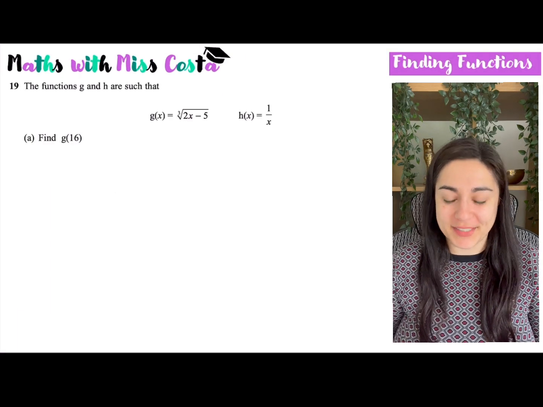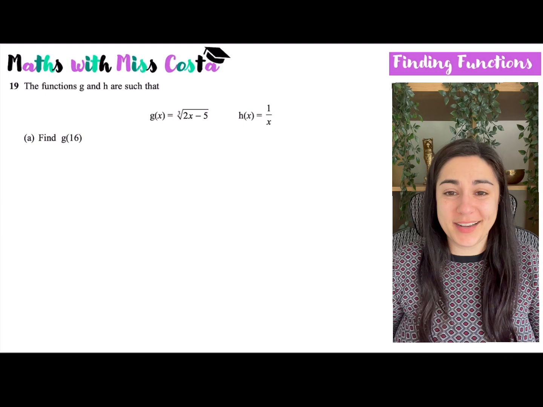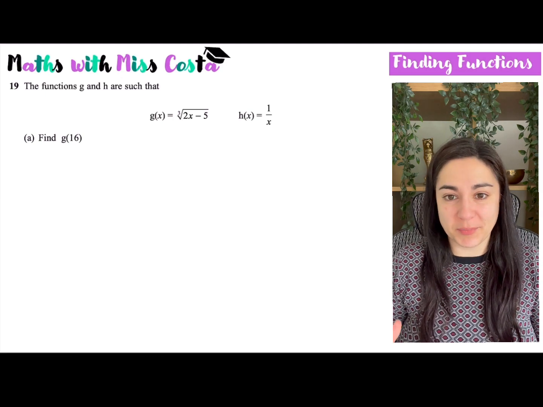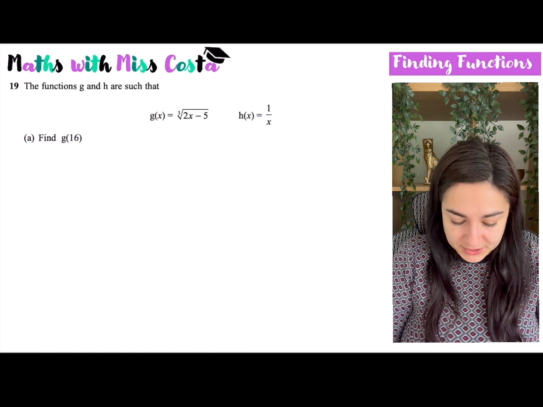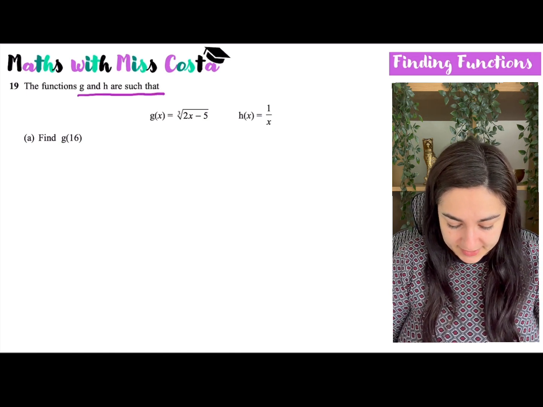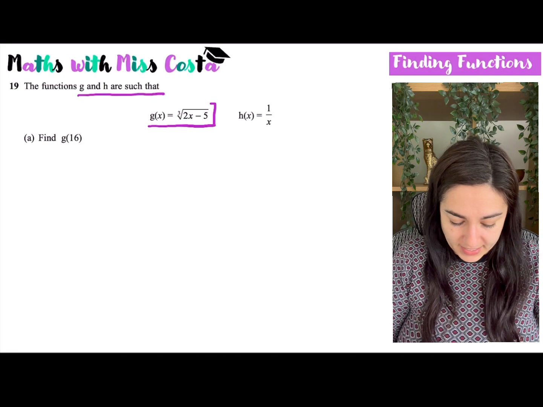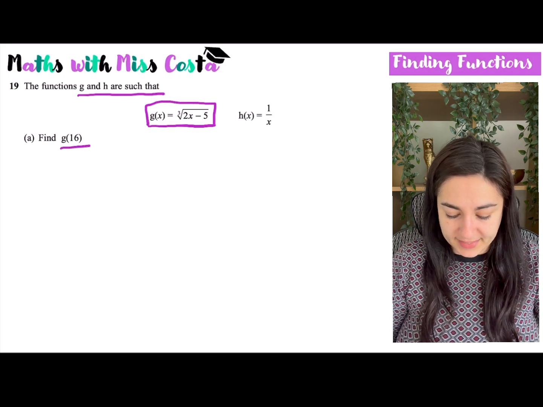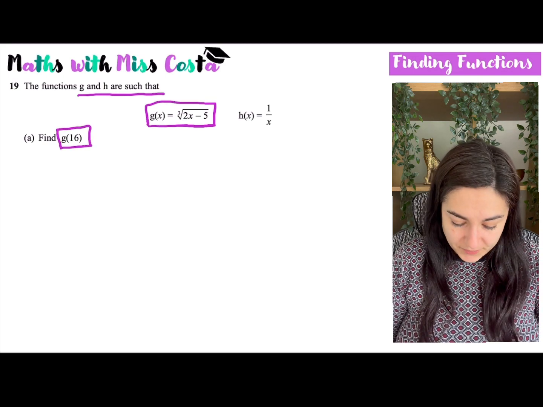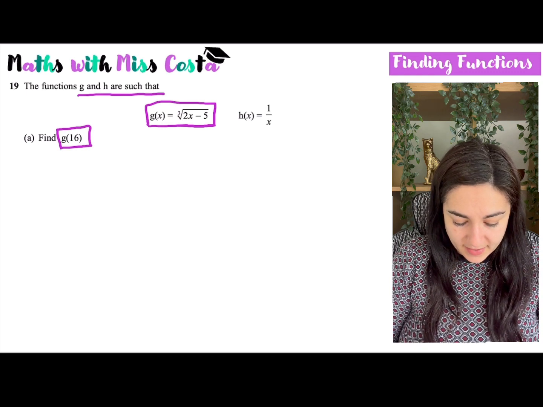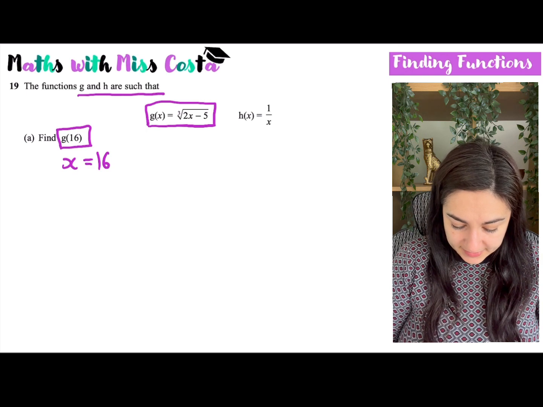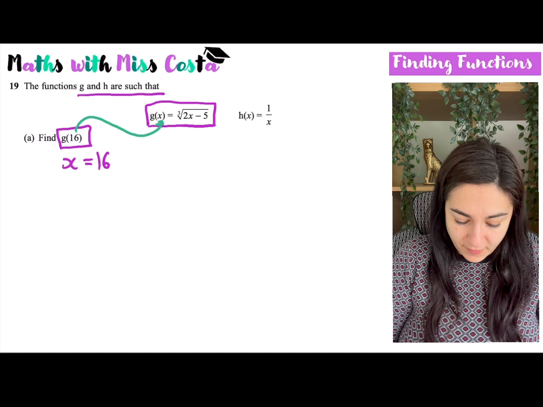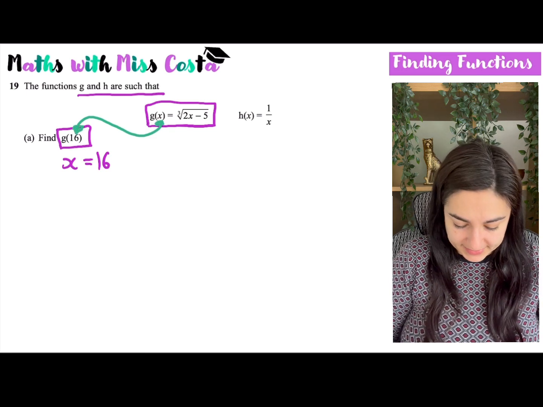Okay, so here I've got some functions questions, and for the first part, they're literally just the easiest kind, just substituting. So I'm told that the functions g and h are such that g of x is this, okay? And I'm being asked to find g of 16. So all I need to do is wherever I see an x, I substitute 16. So can you see why? So g of x is this, and I want to find g of 16. So wherever I find an x, I'm going to substitute 16.